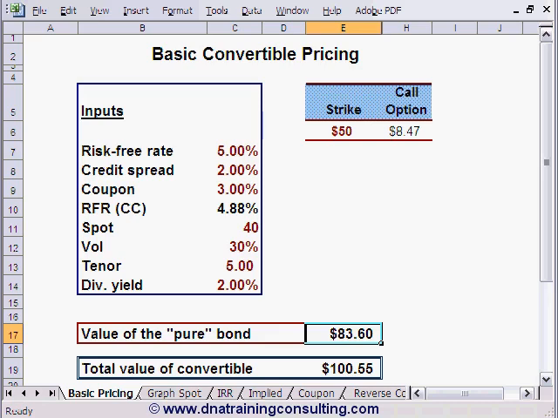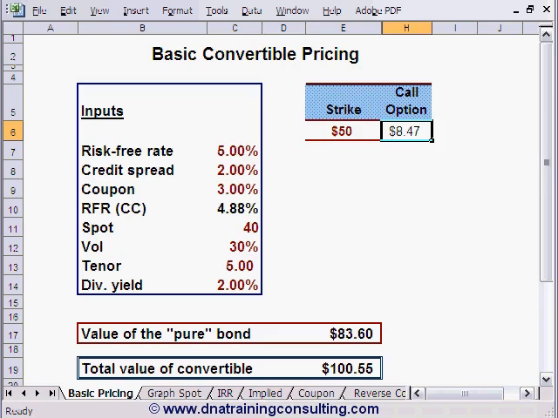Of course, the investor is getting something else of value, specifically the right to convert $100 in cash at maturity into 2 shares of common stock. You should have little difficulty recognizing that this right is essentially like a 5-year European-style call option on 2 ABC shares with a strike of $50, one such call being worth, according to cell H6, $8.47.